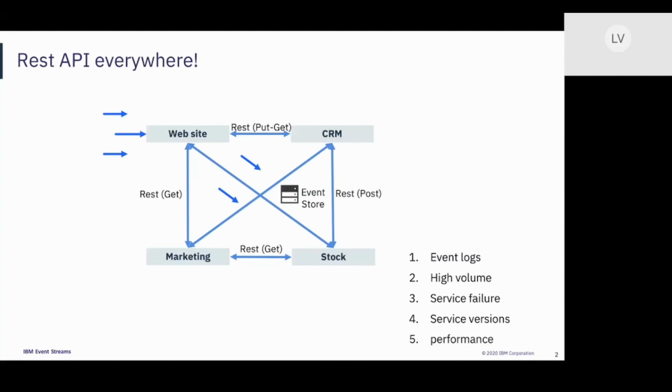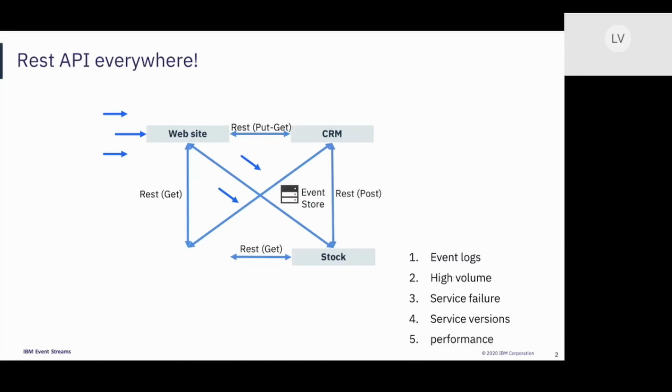By the way, if you're using a standard architecture, you must use a load balancer, you must duplicate the website, and so on. So let's see how IBM Event Streams can help you in this case to manage and to scale dynamically. What else as well?